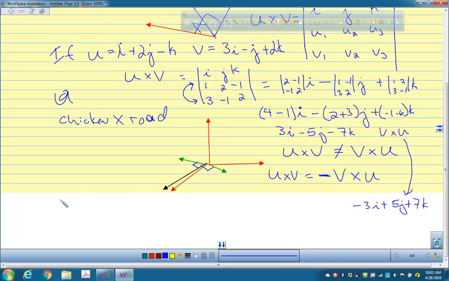So if I switch the order in which I take the cross product, I'm going to end up with the negative of my vector. Would it still be perpendicular to both of them? Yeah, it would just be going in the opposite direction. So if this is V cross U, U cross V would be going this way. It makes sense by the right hand rule, you can figure that out with your thumb.